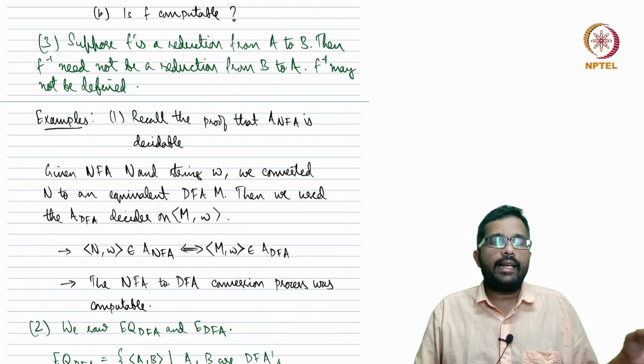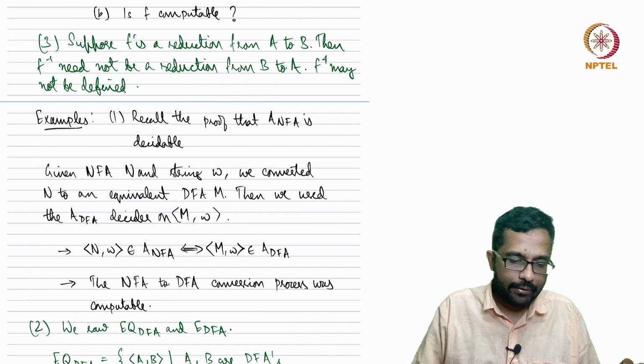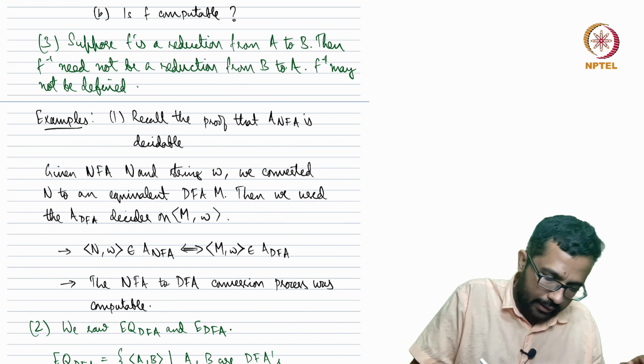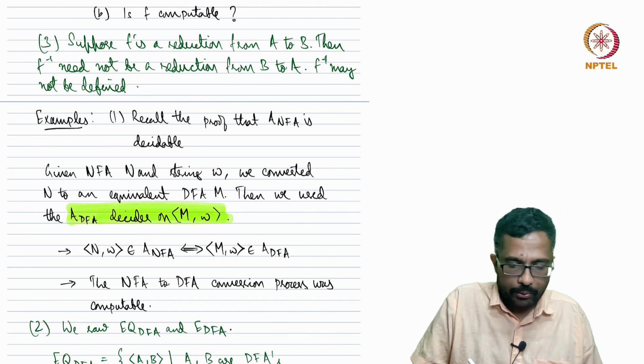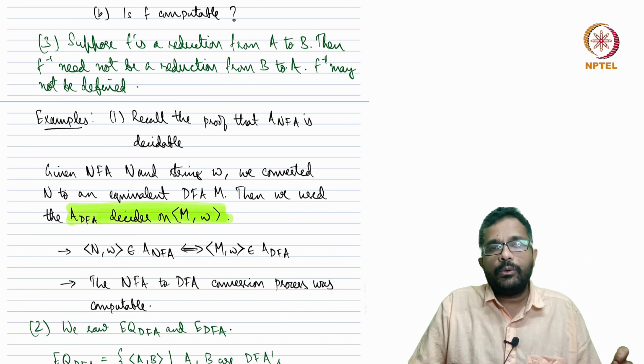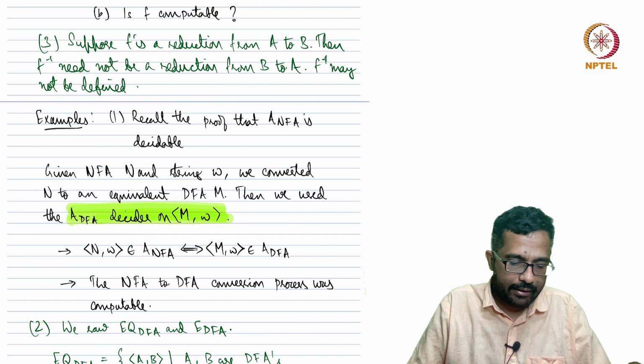Now, since N and M are equivalent, it is good enough to answer A_DFA on M, W, because N and M are equivalent. So N accepts W if and only if M accepts W. So we could just run the A_DFA decider.